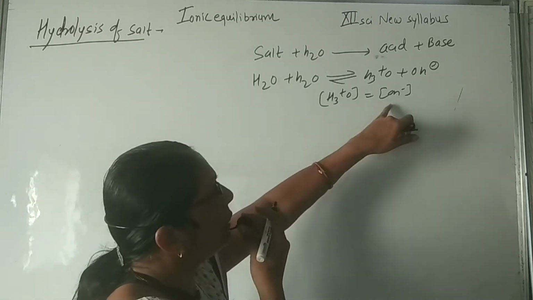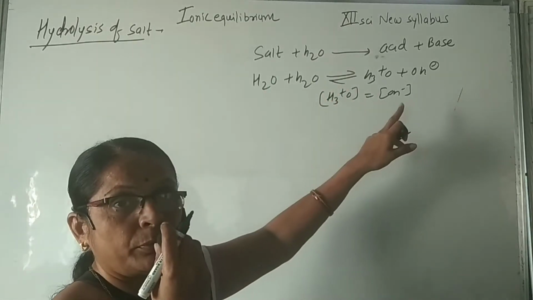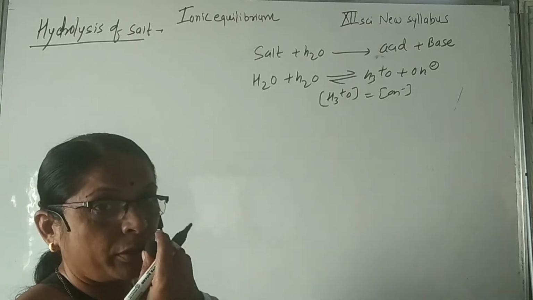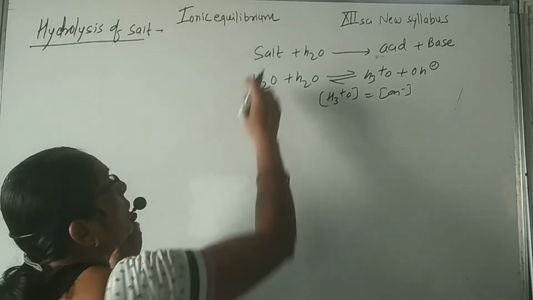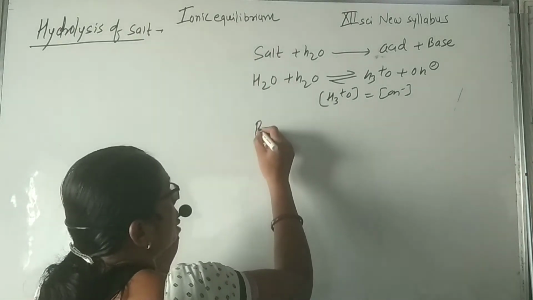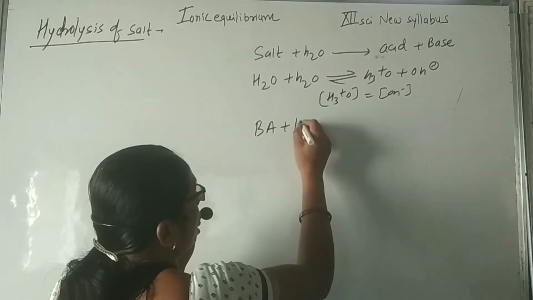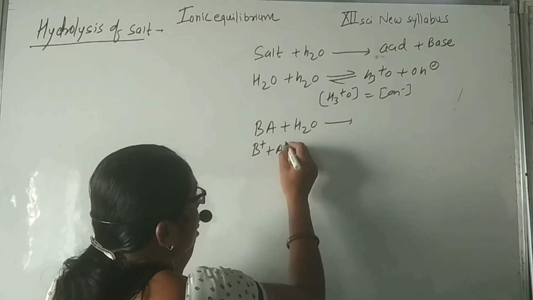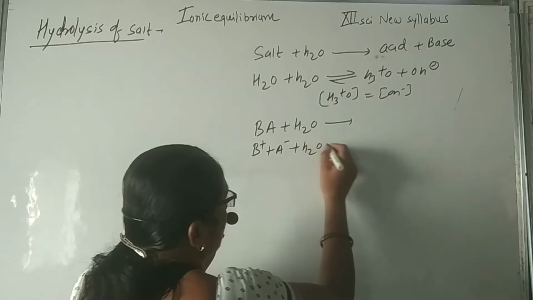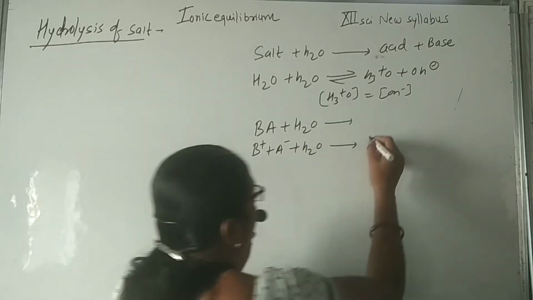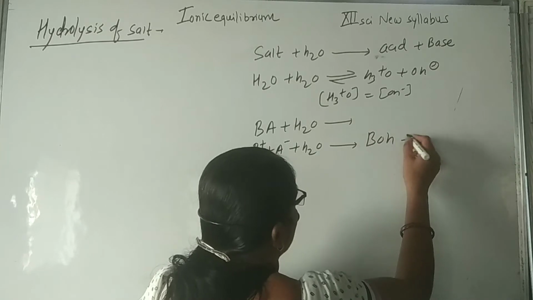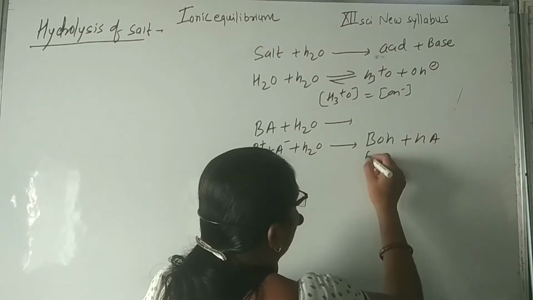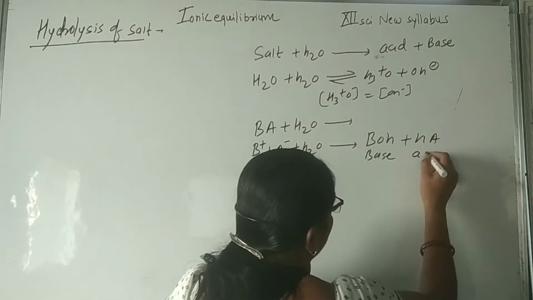As these are both equal, the solvent is neutral. But when we add a salt, suppose the salt is BA. When BA is added, the B+ and A- ions of the salt react with the water, forming BOH and HA as a base and acid.